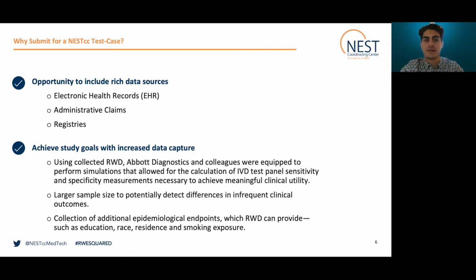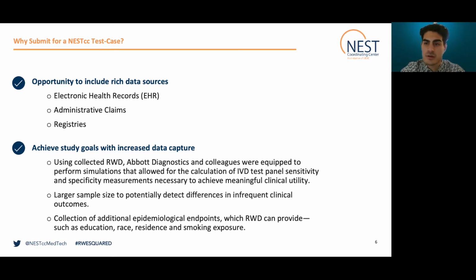Why was this submitted as a NEST test case? One point is the opportunity to include rich data sources. This is not limited to electronic health records, but also administrative claims, as well as registries, all of which combined allow us to get substantial uniform data on a diverse patient population across broad hospital and clinical sites.